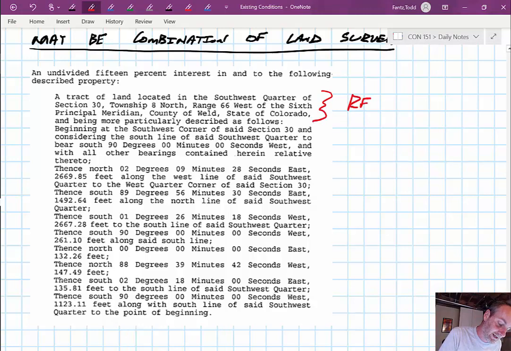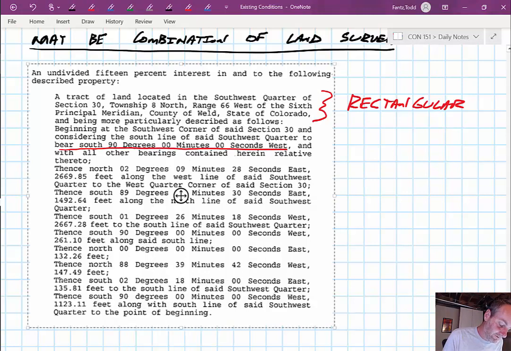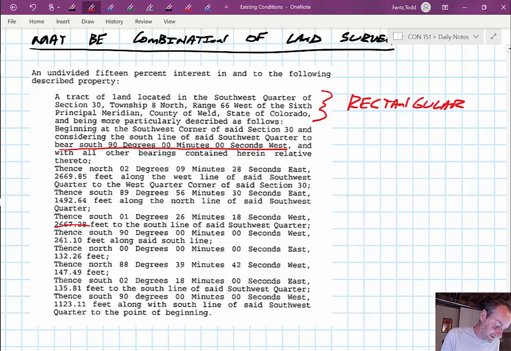So this is all of our rectangular survey system. But after we get there and you start reading, we have beginning at the southwest corner of section 30, considering the south line, and so on. Now we're saying that we're going to bear south 90 degrees, 0 minutes, 0 seconds west. And it'll have directions, and it also has distances in here, right?